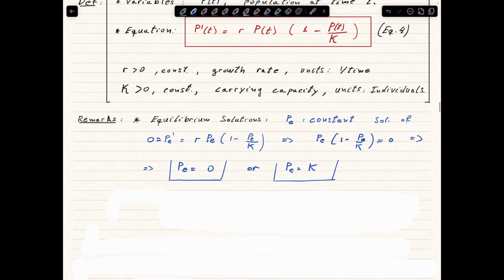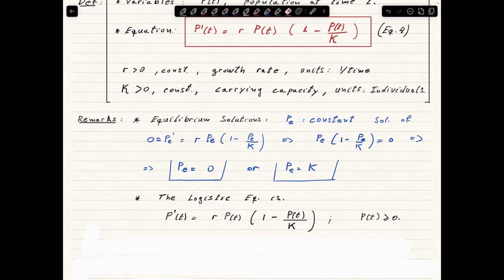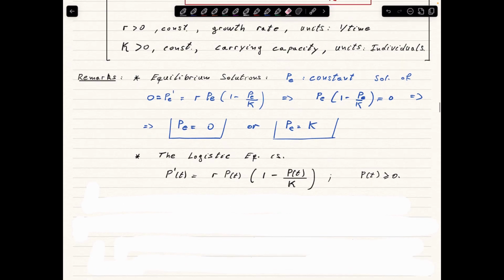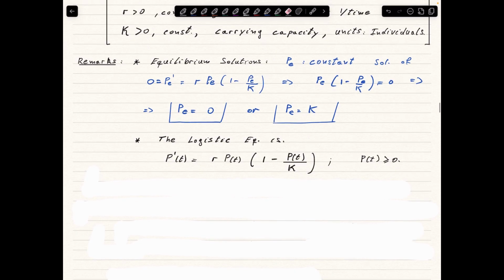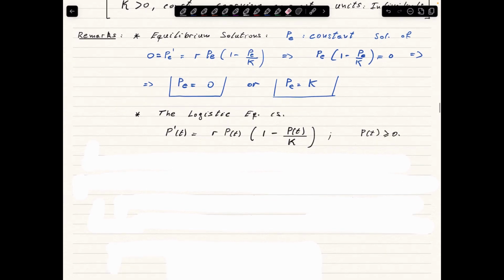Okay, so let's write down again the logistic equation, and now let's study the behavior of the solution of this equation in particular cases. So the first case we want to study, recall P is the population, so we are interested only in values of P that are 0 or bigger.